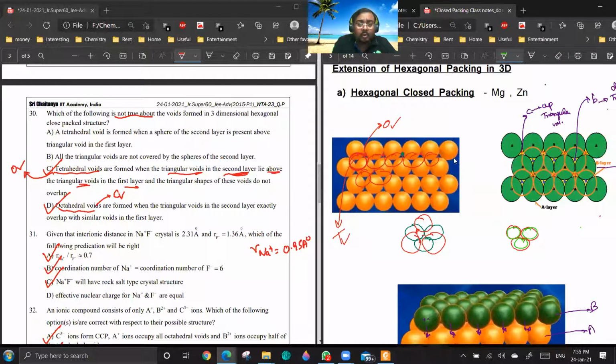Yes or no? Yes. So in this case, what type of void will you be getting? Not exactly cubical voids, but something like triangular prism type of voids. Yes or no? It will be something like this. The upper layer is like this, and the lower layer is also like this.